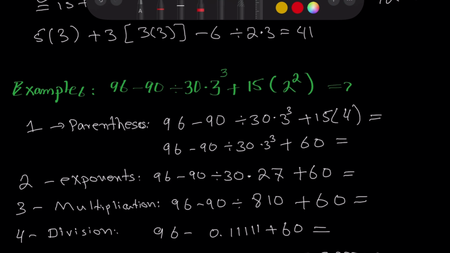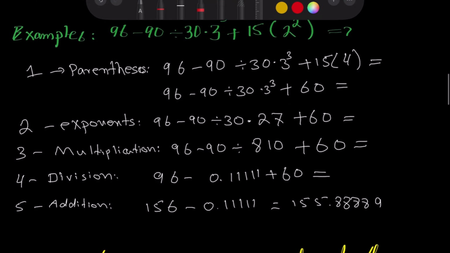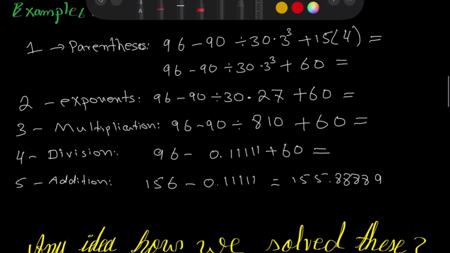So pretty easy, but straightforward. You just have to know what operation you've got to do first. If you look at this example, it shows every step that we did. Any idea how we solve these questions?